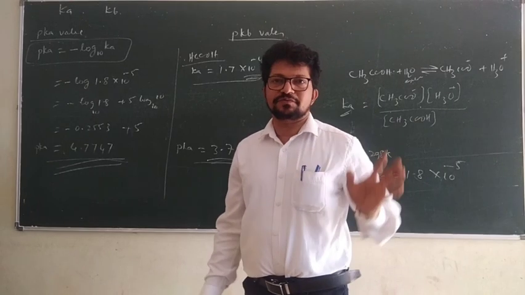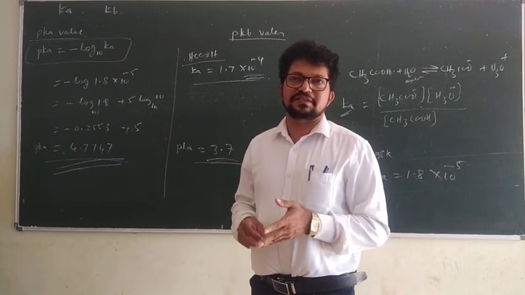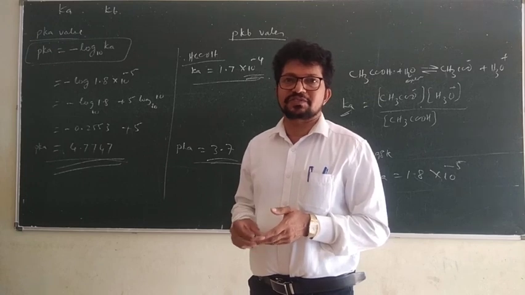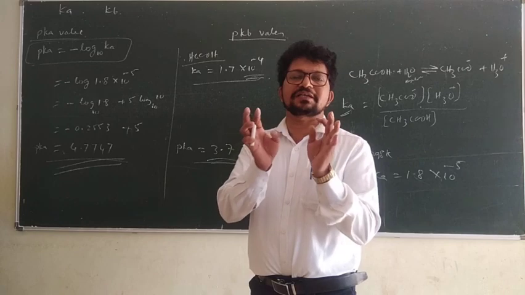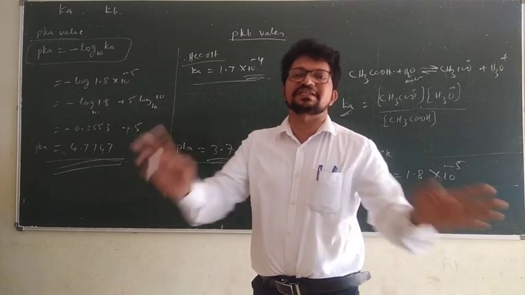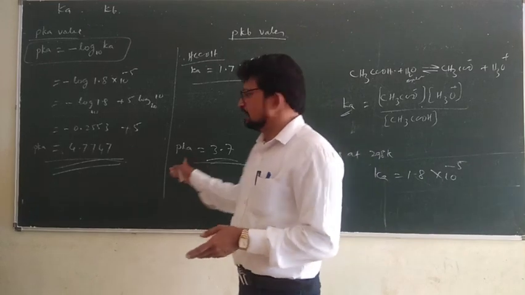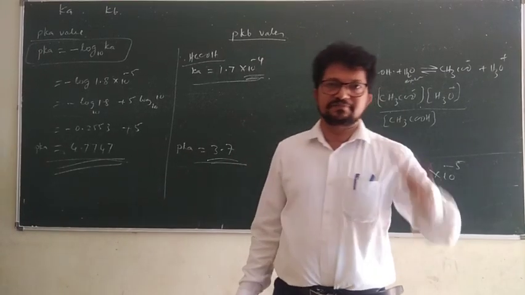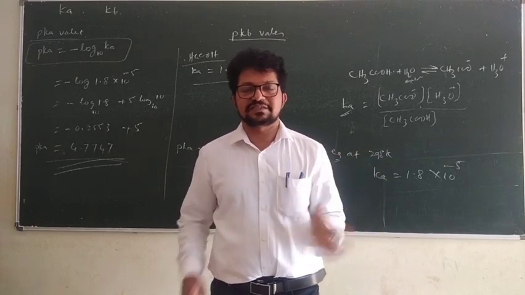Same as pH. pH is a general term to explain the acidic or basic nature of fluids. This is the Ka value and pKa value for expressing the acidic nature of weak acids. So what is the understanding? Lesser the pKa, stronger is the acid among weak acids.